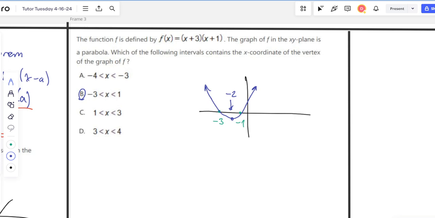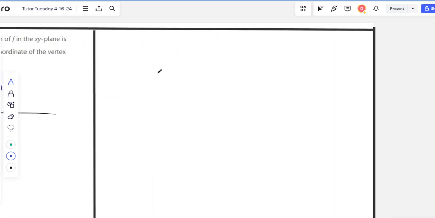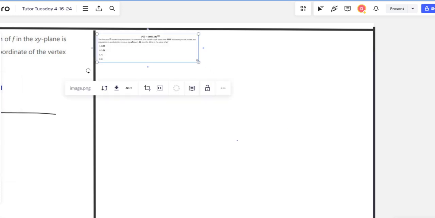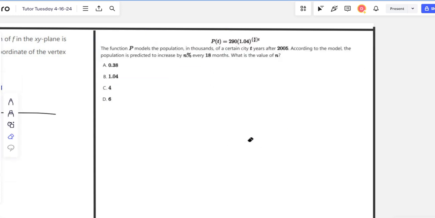Okay, let's do an exponential, percentage-based kind of problem. This function p models a population in thousands of a certain city t years after 2005.